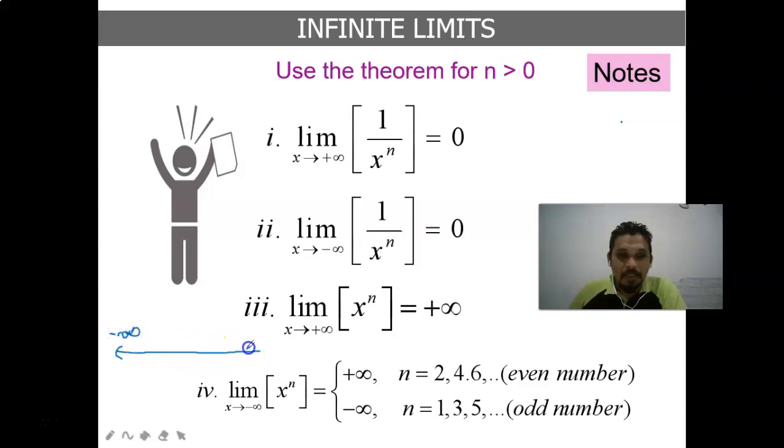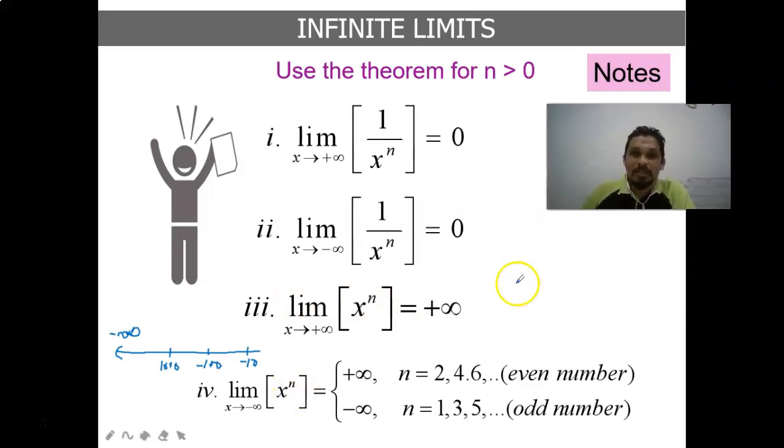Let's say we begin with negative 10, negative 100, negative 1000, and so on. So when the value is negative to the power of n, let's look at an example.